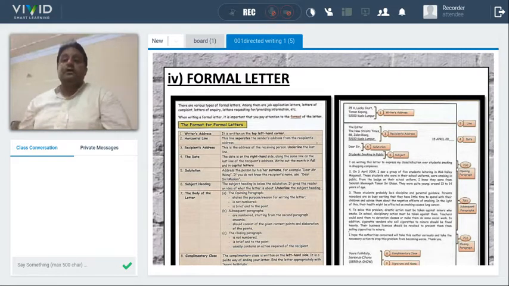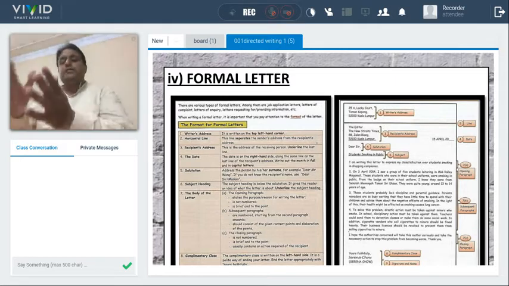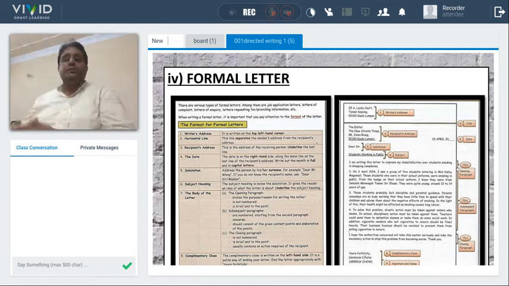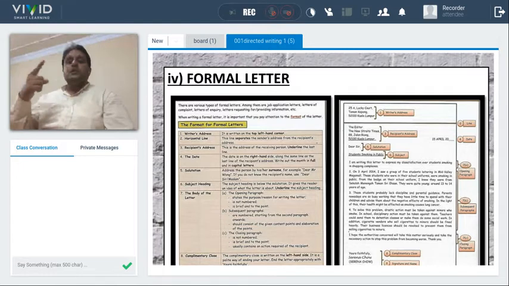So the ideas we have recollected to develop our first content point, which is the areas that need improvement in the school library, are: number one, the books need updated editions. Number two, the broken furniture needs to be replaced.